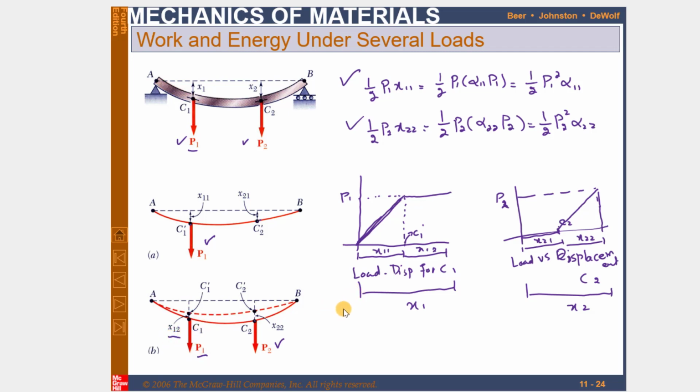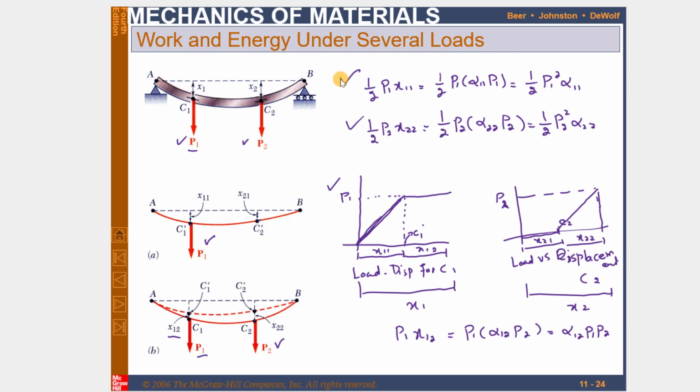This work done will be equal to P1 into x12, and we know that x12 is equal to alpha 12 into P2. So we will get alpha 12 into P1 into P2.